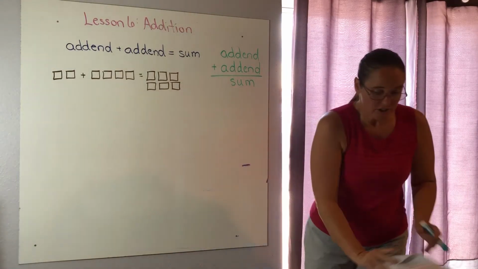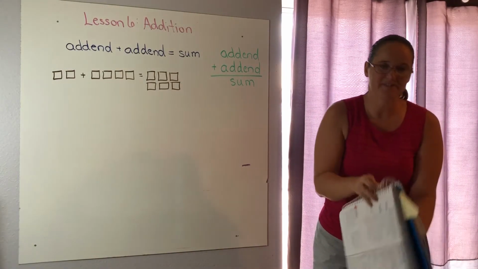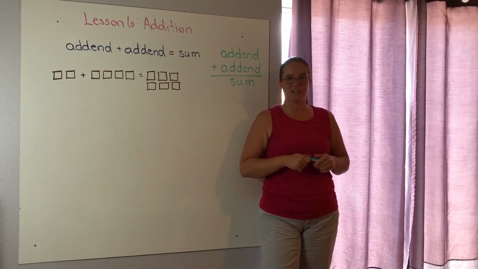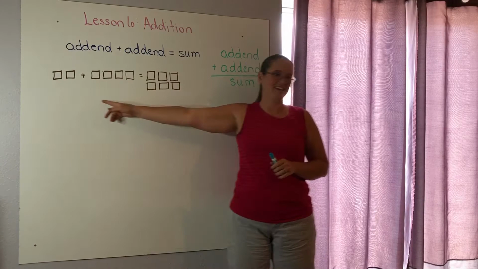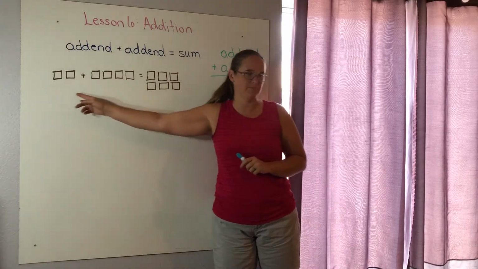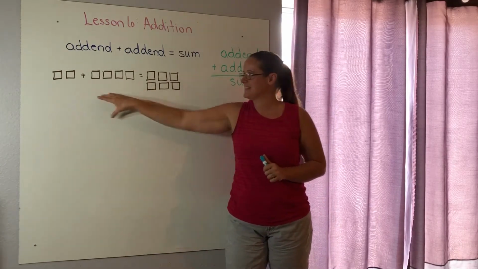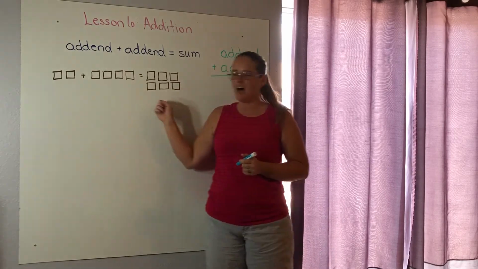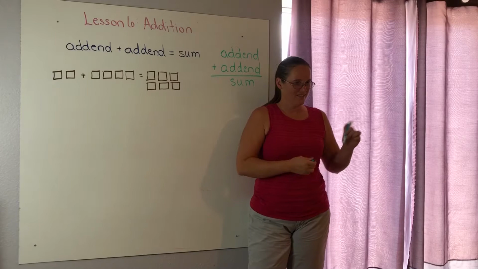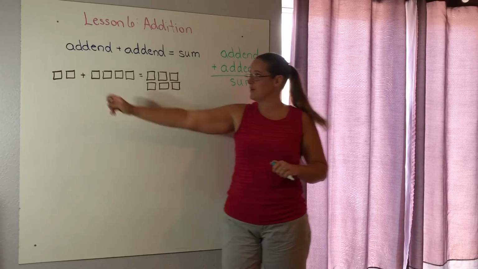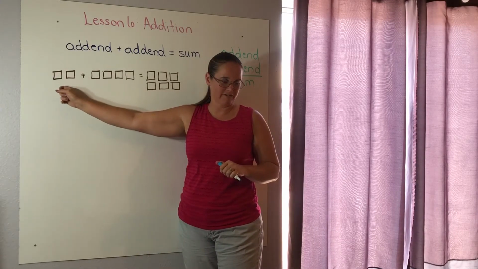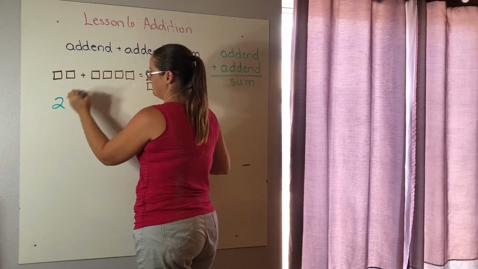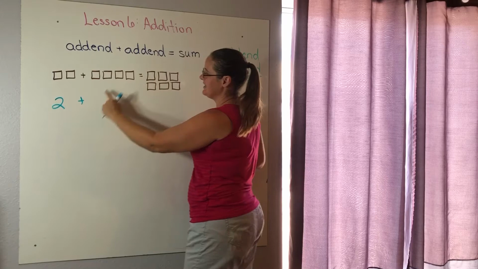The types of problems that you are used to seeing in 1st and 2nd grade when we're talking about addition have pictures. You guys have seen this before. Riker, can you tell me what this means? What am I doing with these blocks? We're adding them. So how many blocks do I have here for my first addend? 2. I have 2 blocks, and then my plus sign tells me I'm adding.